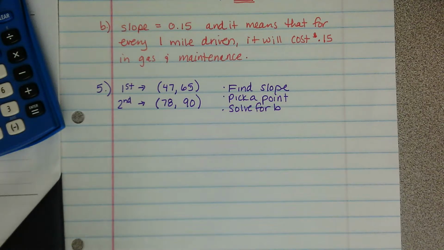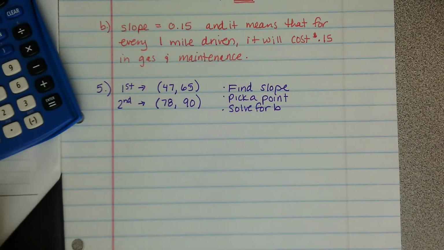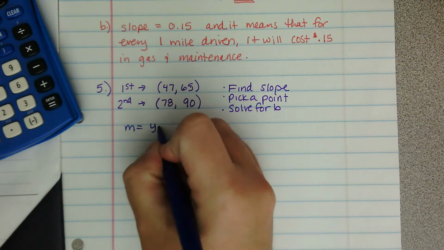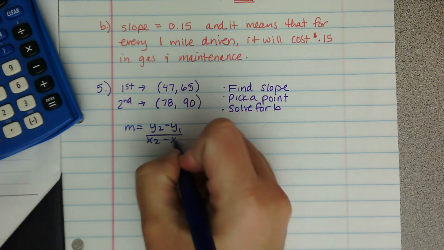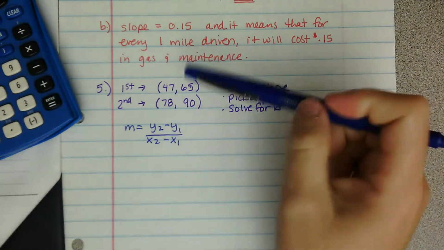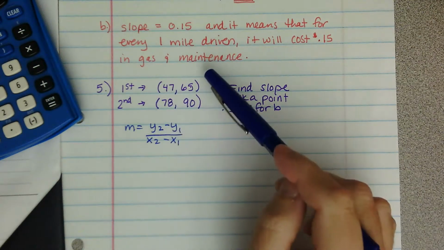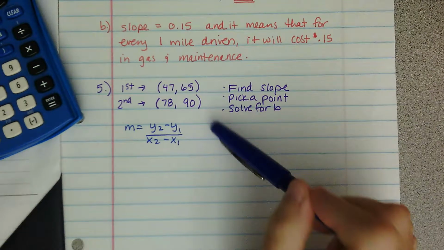So when I do slope formula, I'm going to use y2 minus y1 over x2 minus x1, and subtract these. Now, I have them stacked, which is kind of nice. So the y's are already together. The x's are already together. And I can just pop them in.